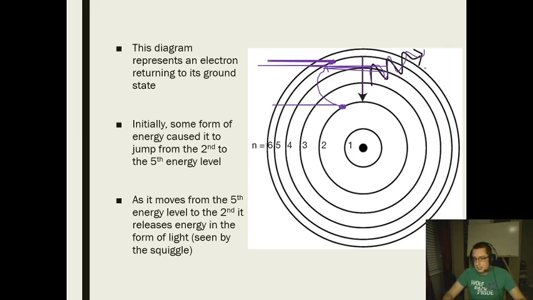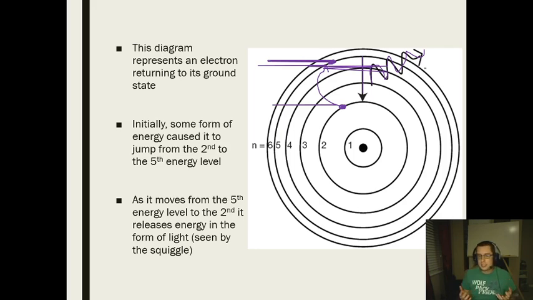So the big things to make sure that you remember here: remember ground and excited states. Ground state is where it's lowest, excited is where it has a lot of energy. When it goes from the ground to excited, there is no light being emitted. It's going to the excited state because there's energy being added to it. So whether that's heat or electricity or something else, there's some form of energy that's being given to that atom that's allowing that electron to jump up real high. But that atom doesn't want all that extra energy.